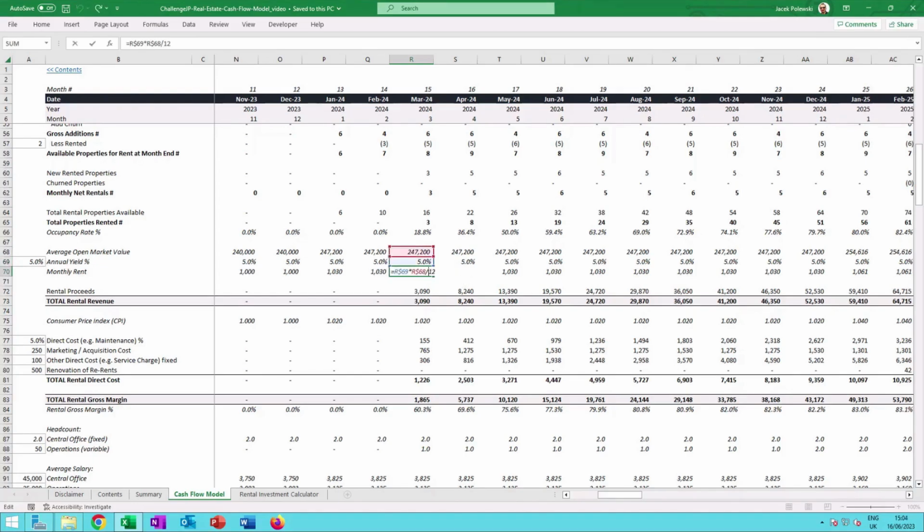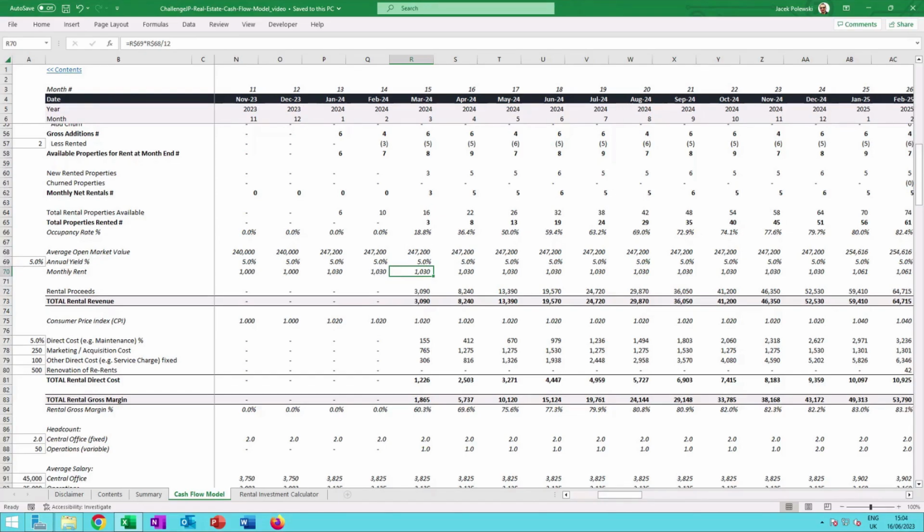The way the model calculates the monthly rent is by taking the open market value, multiplying by the assumed yield, and then dividing by 12 because we want that number on a monthly basis. You could potentially just have an assumption around the monthly rent without that calculation of yield times the open market value.